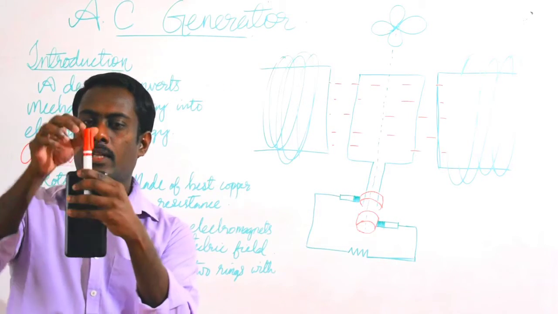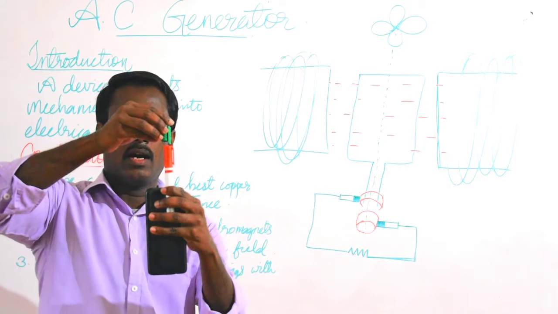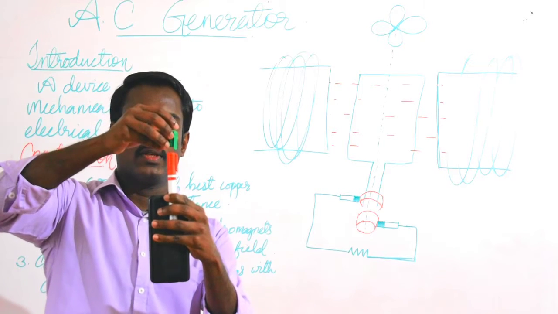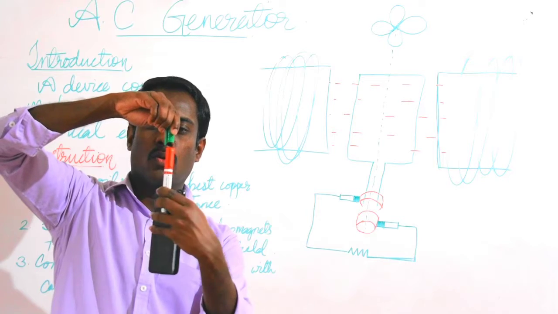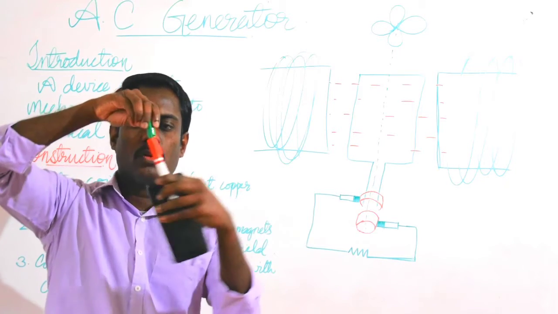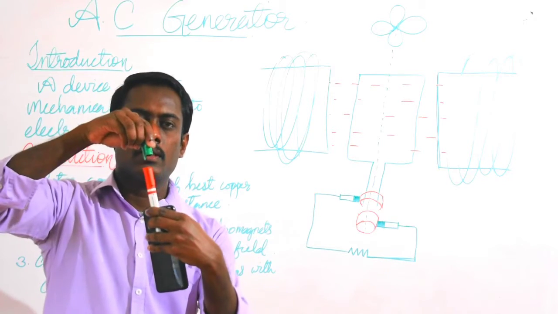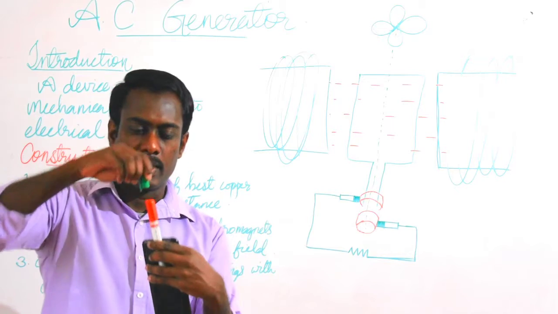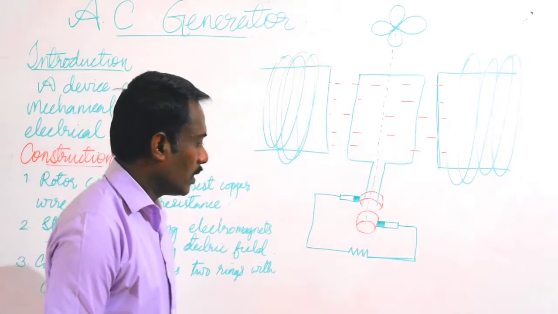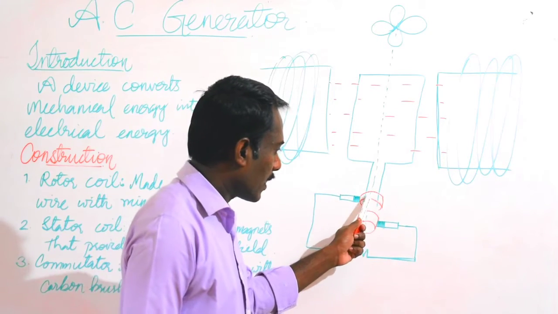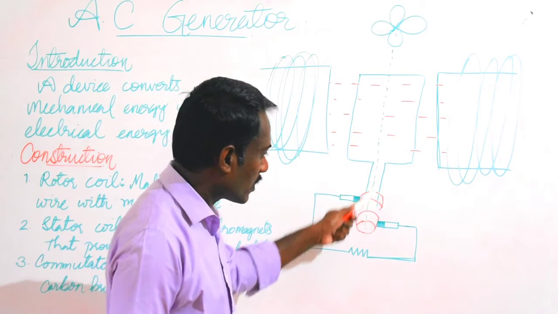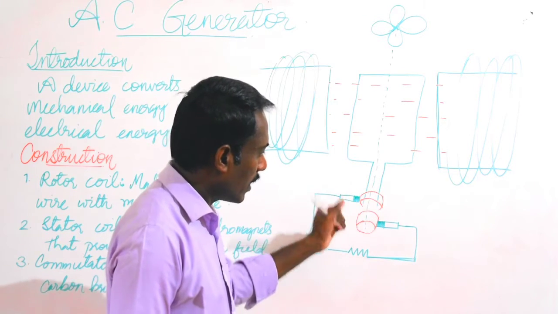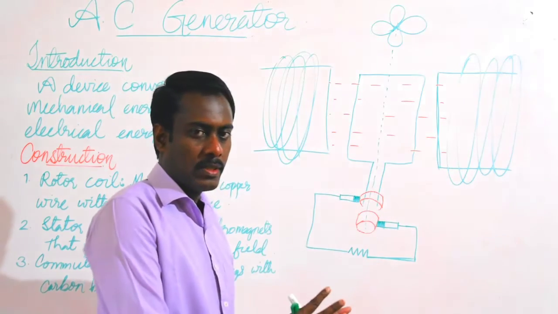The second ring is behind the first ring, and when the entire system, the coil and the shaft, rotates, both rings rotate along the axis of the shaft.